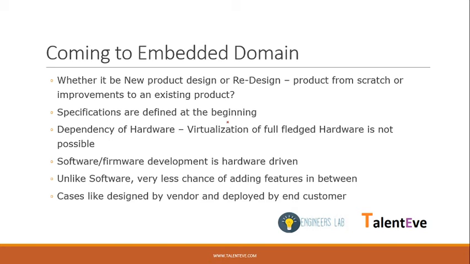they develop and then they give it to an end customer, and it will be used in a field where someone else uses it. So it takes a lot of time for the feedback to come back, unlike the software development scenario where the exact software will be used in the field also by the end user.